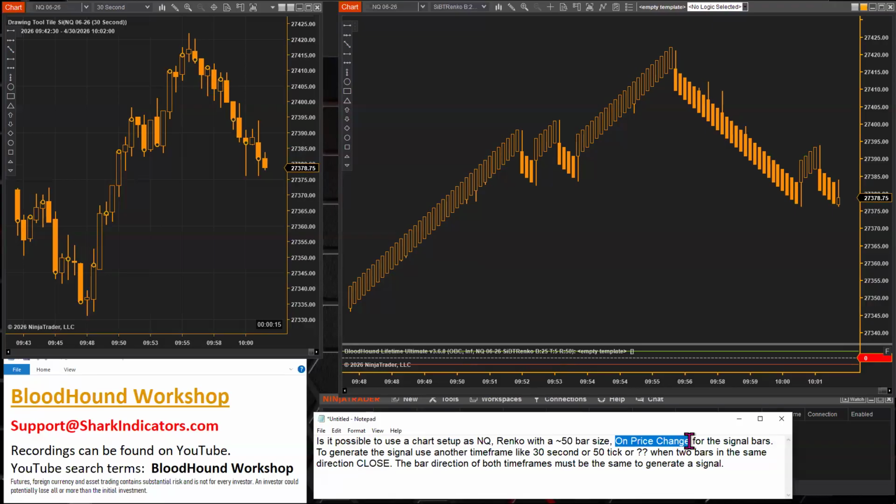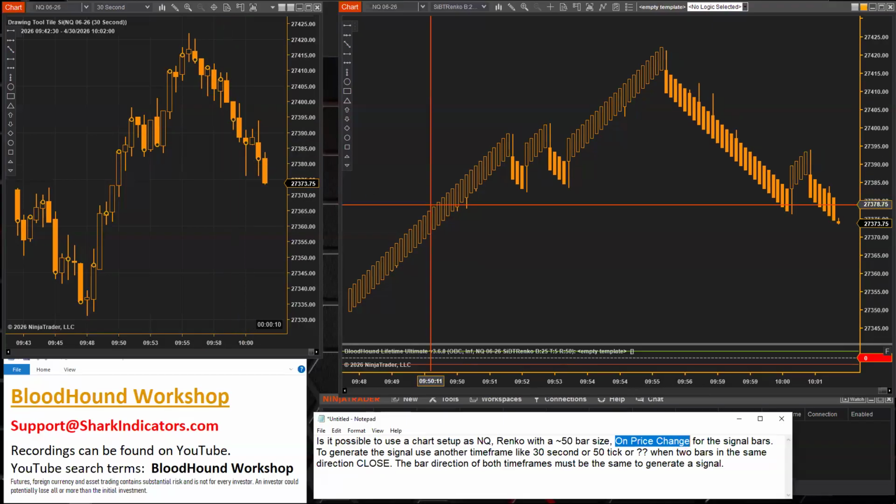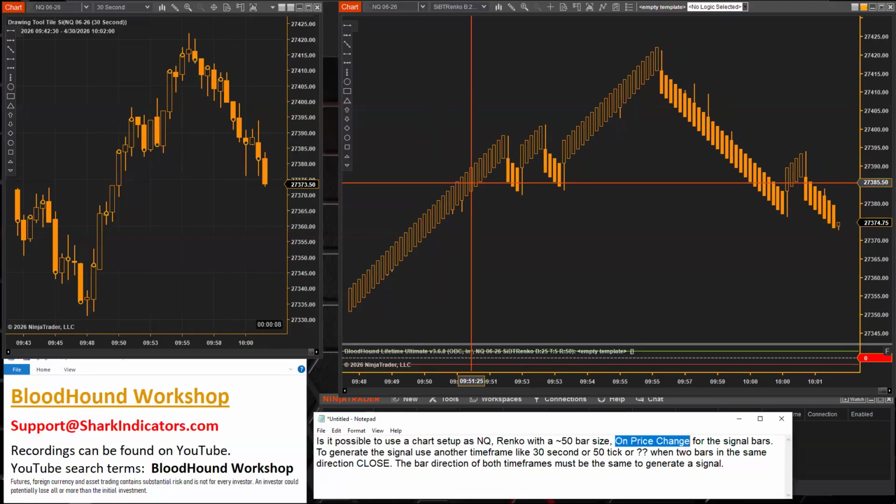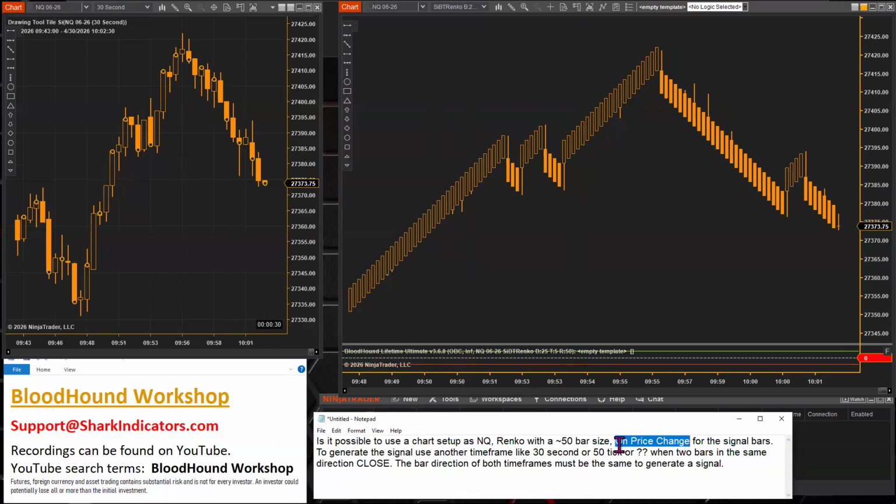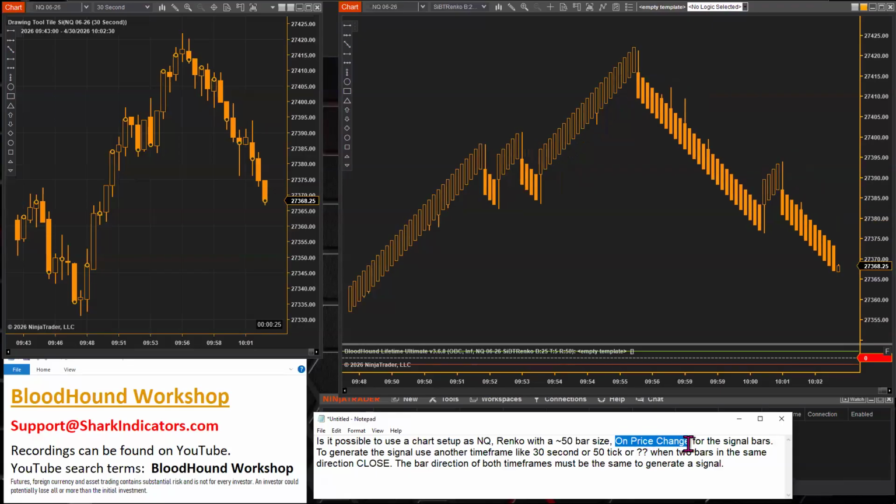Trying to synchronize two different time frames when it comes to Renko charts is a whole other difficult business when you're using on bar close as opposed to on price change.